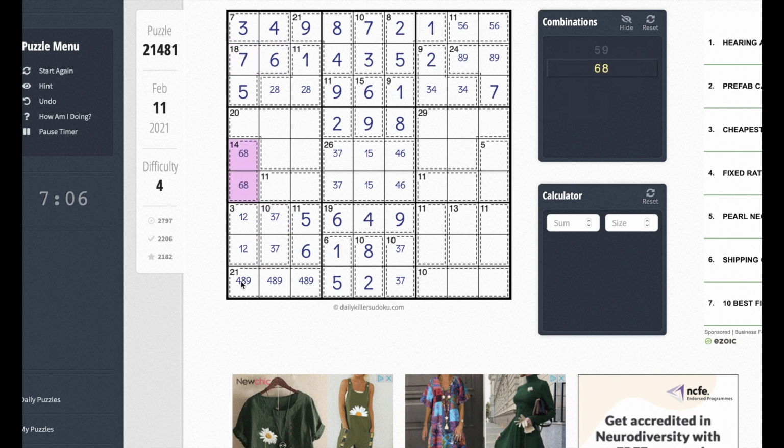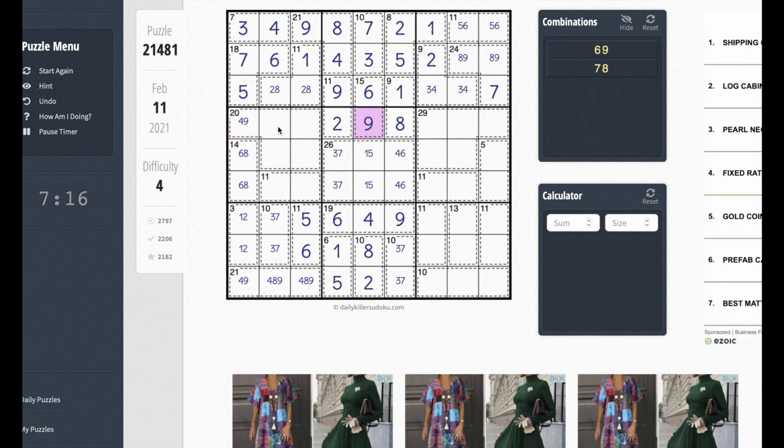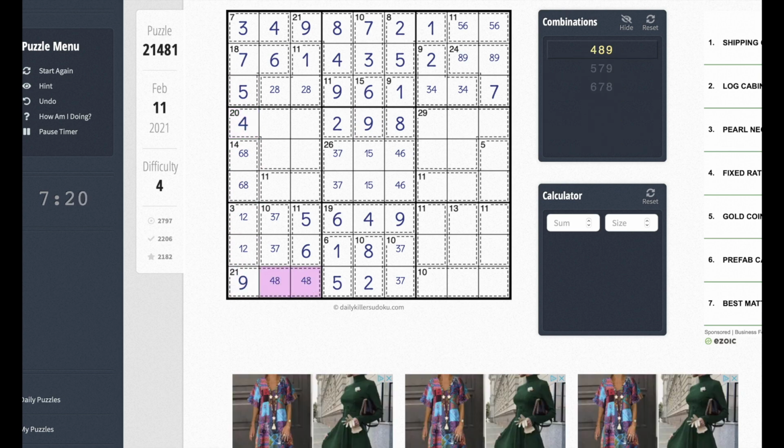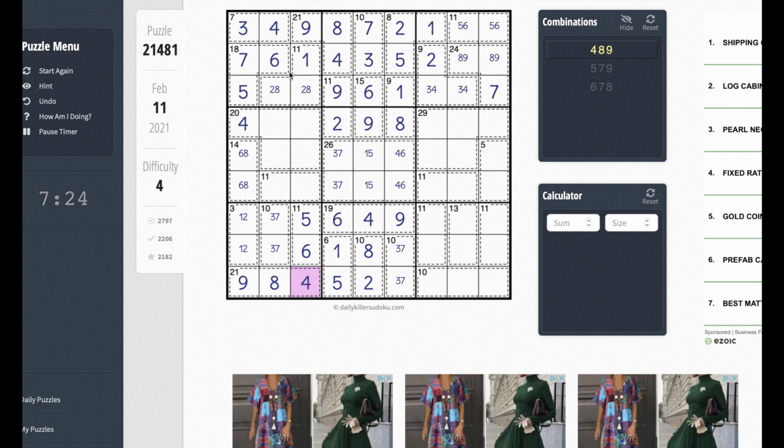We can take the 8 out of there. So then the only unresolved numbers in this whole column are 4, 9, which we can put in there. And actually it can't be a 9, look, because of that 9. So 4 goes there, 9's there, 4, 8 there, and we can clean that up thanks to the one at the top, and then the 8 comes up here and resolves those two for us.